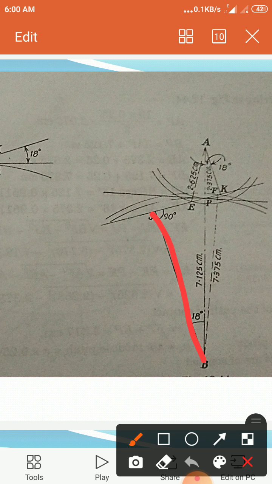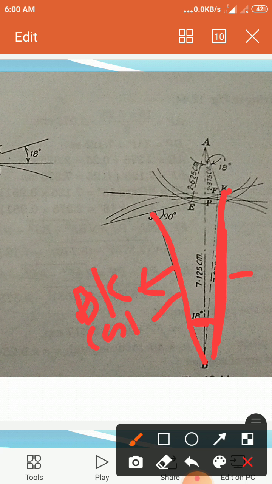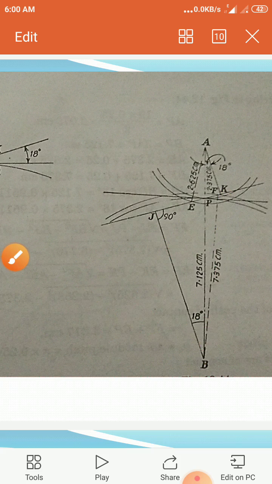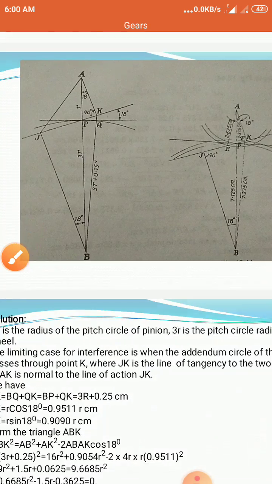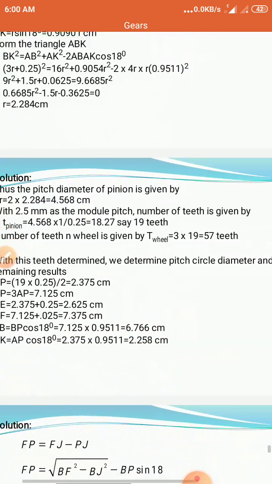This length we can find out as BK into cos 18. This BK is a hypotenuse, so this length becomes BK into cos 18. Similarly, the other lengths are found out, and that we consider.